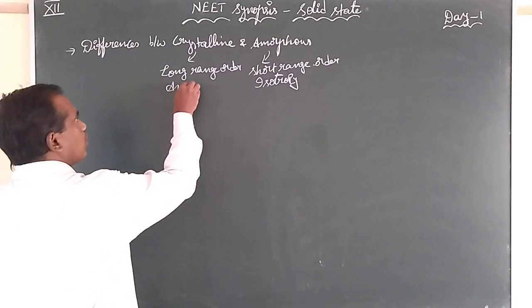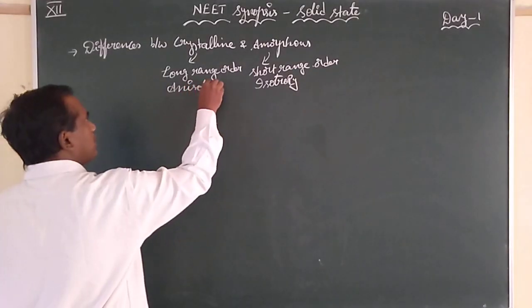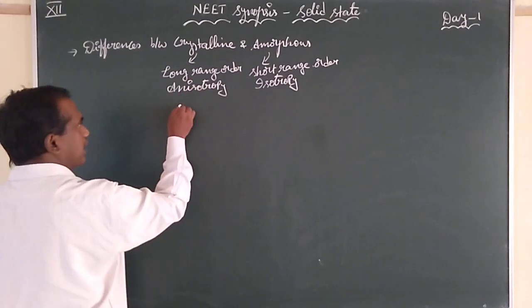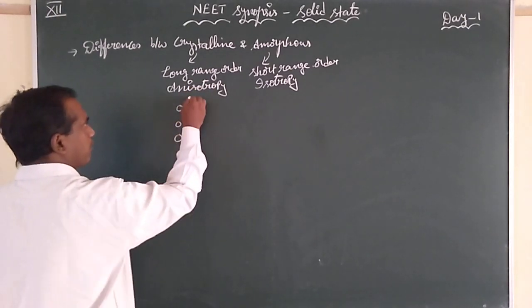But they will show anisotropy. It means if you draw from different planes, the angles differ, so this is what anisotropy means.